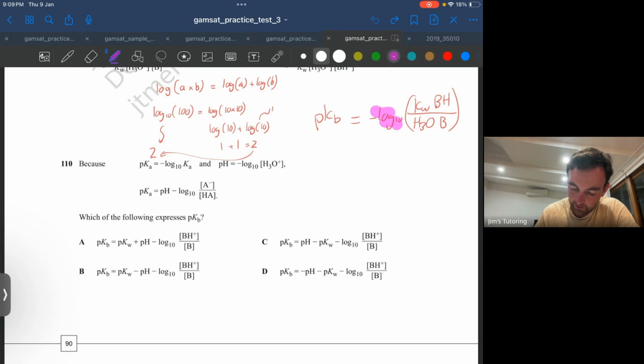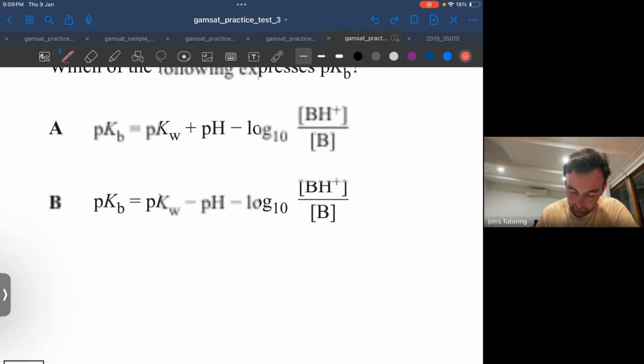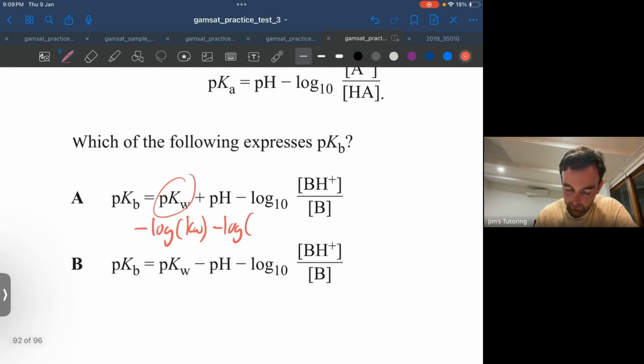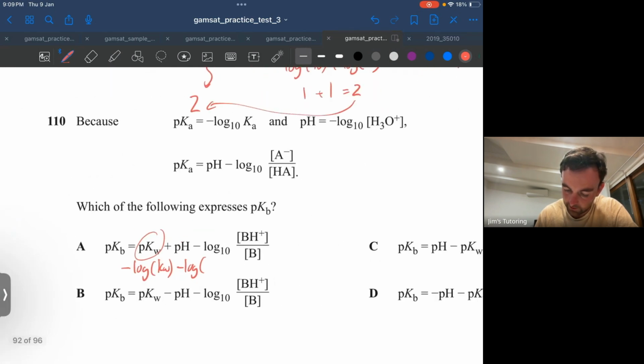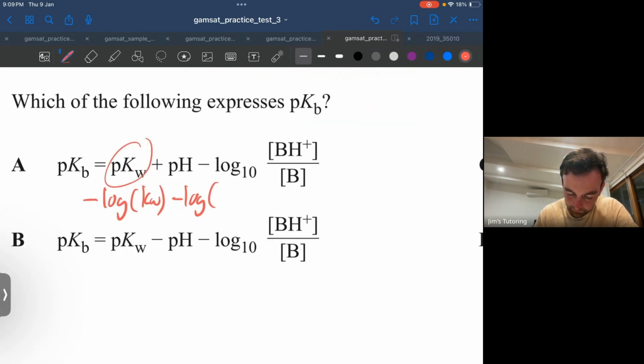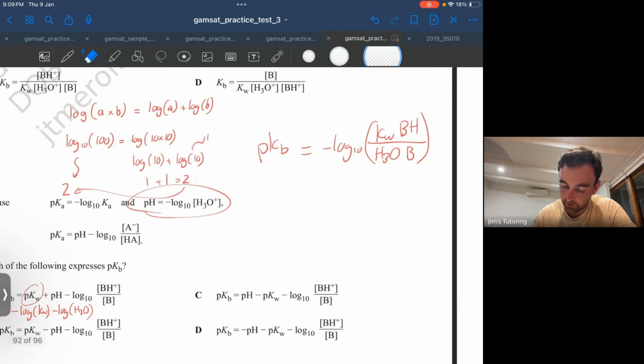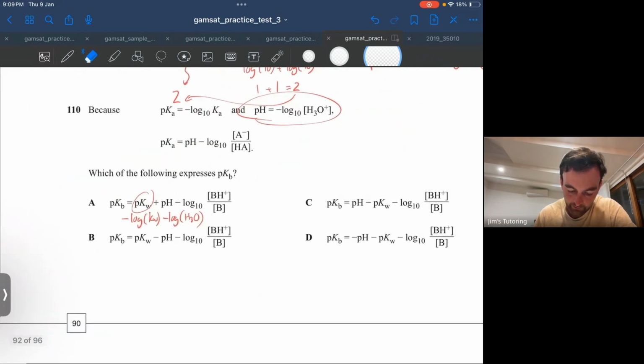Now, remember what I said, P equals negative log. So when I'm seeing these things, I'm thinking this could be the same as negative log KW or negative log, it says it up here, so PH, H3O. I'm thinking, how do I get from what I've got to one of these things?